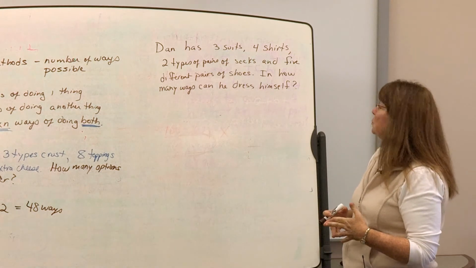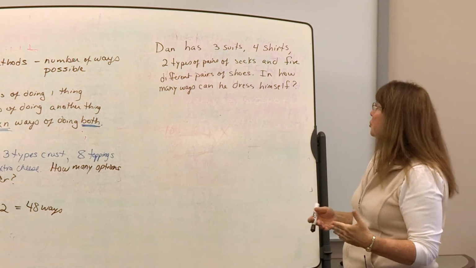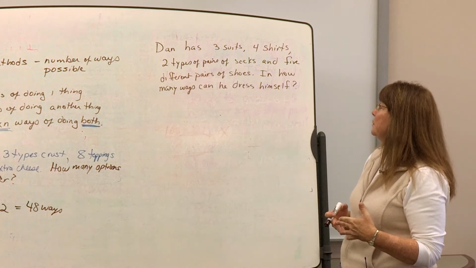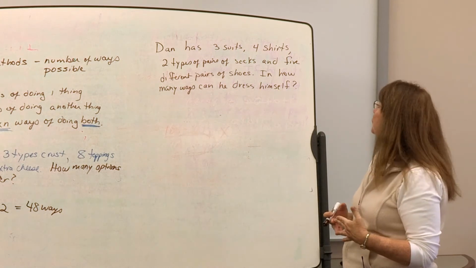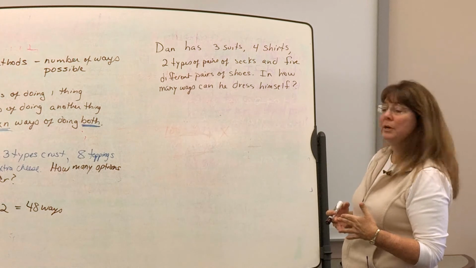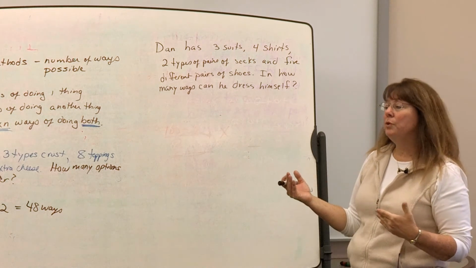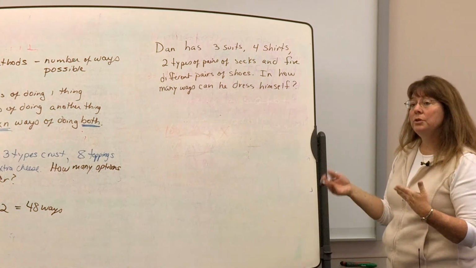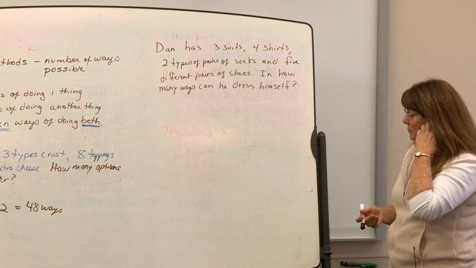So it tells you Dan has 3 different suits, he has 4 different shirts, 2 types of pairs of socks, 5 different pairs of shoes, and then how many ways can he dress himself? So this is one where you're counting the number of ways. So we're going to use that idea of the multiplication principle.